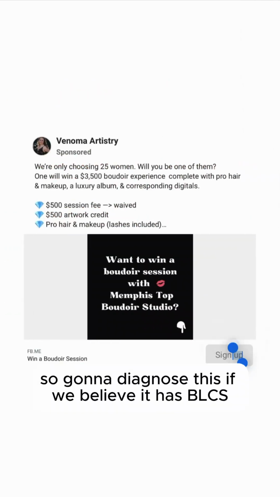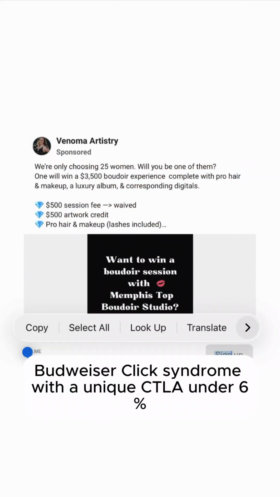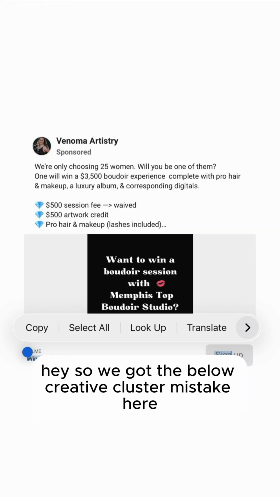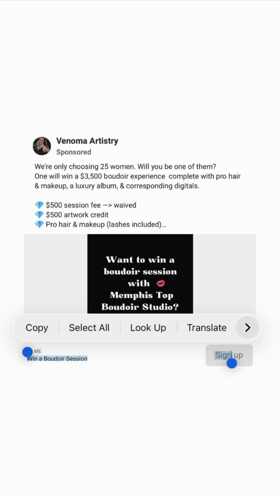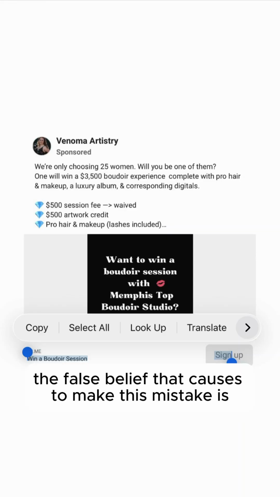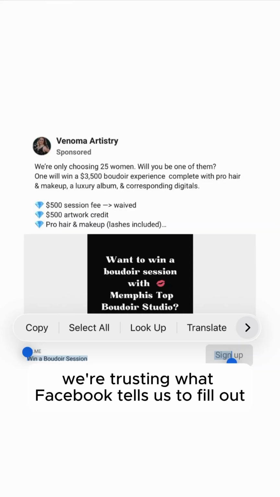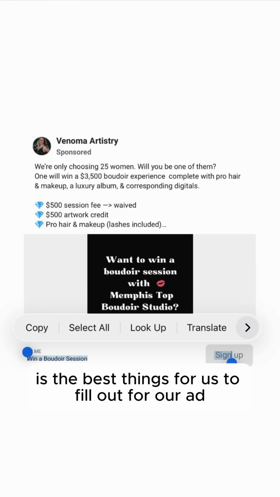So, I'm going to diagnose this, see if we believe it has BLCS, boudoir low-click syndrome, with a unique CTR under 6%. So we got the below creative cluster mistake here. The false belief that causes us to make this mistake is we believe we're trusting what Facebook tells us to fill out for our ad is the best thing for us to fill out for our ad.